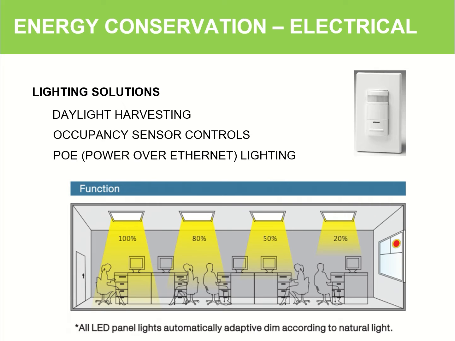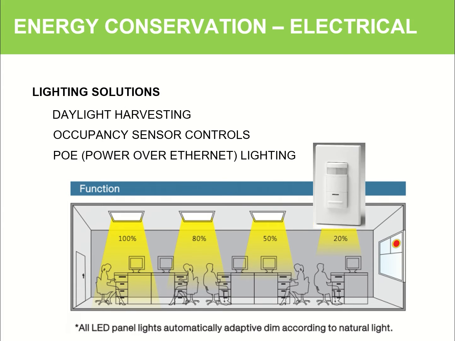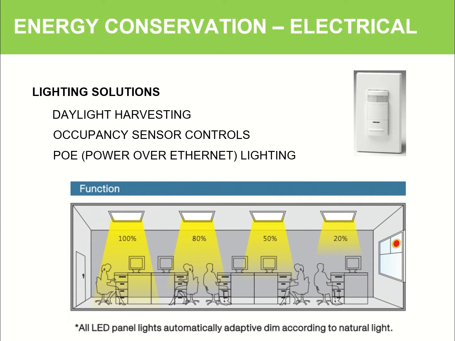Occupancy sensors turn a light on when you're in a room and off when no motion is detected. You can't tell me you've never been in a bathroom when the light has turned off on you. As for power over Ethernet lighting, it essentially captures both of these into one efficient solution while being remotely controllable by an app.